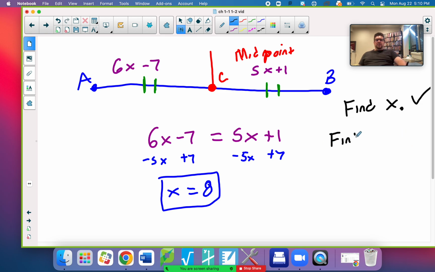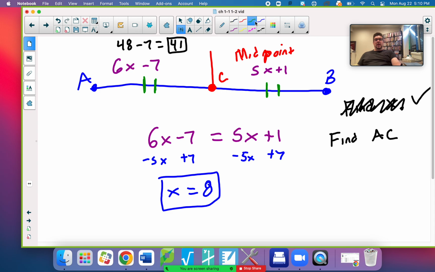If we were asked to find the length of AC, we would not be done. All we have done is found x. To find AC, we plug the x value in, and we find that AC is 41.